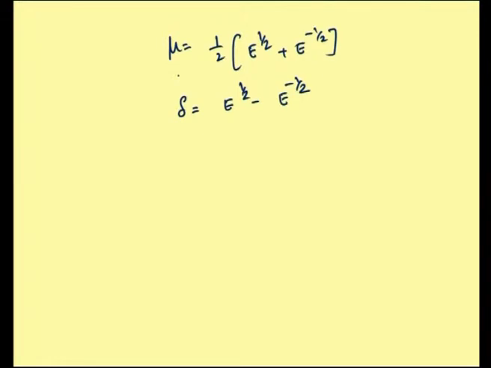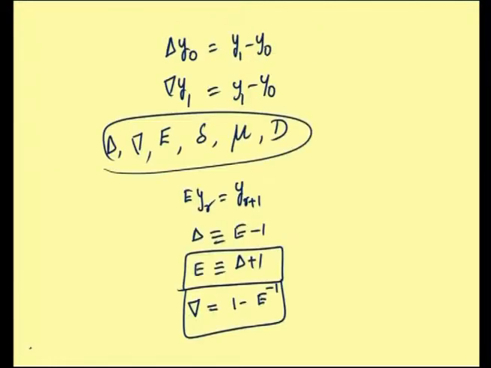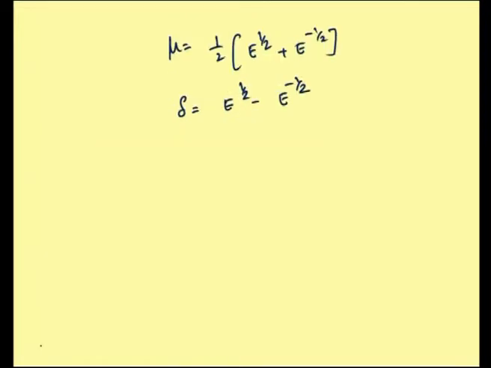Using E you can relate mu and delta, because we have the E formula as 1 plus delta, isn't it? So, mu can also be written in terms of delta, and delta can also be written in terms of small delta. This is small delta, the central difference operator. Small delta can be written in terms of capital delta also. These are all operators we have to write in terms of equivalence.